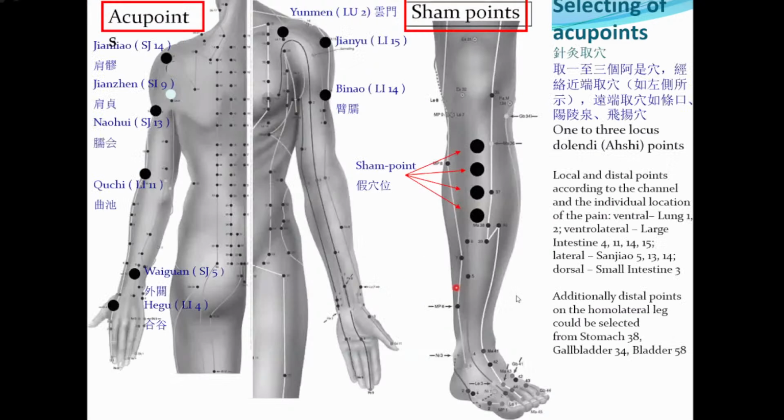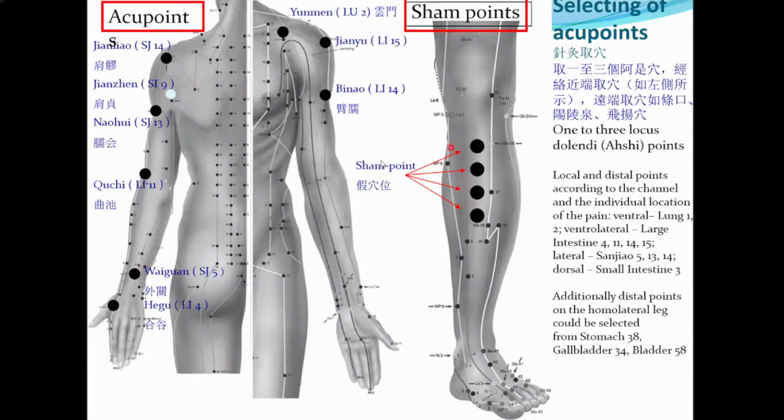Okay, so the points they published in the paper can be selected. Unlike the study I mentioned earlier, this is called a programmatic study, more similar to clinical practice. They can choose points in the front, back, or side, and different points: Large Intestine 14, Sanjiao 14, and around the meridians.